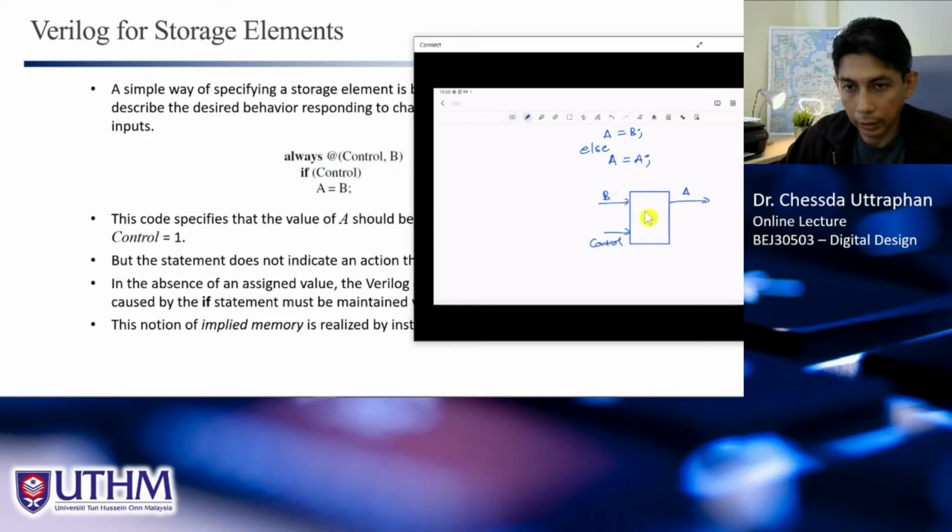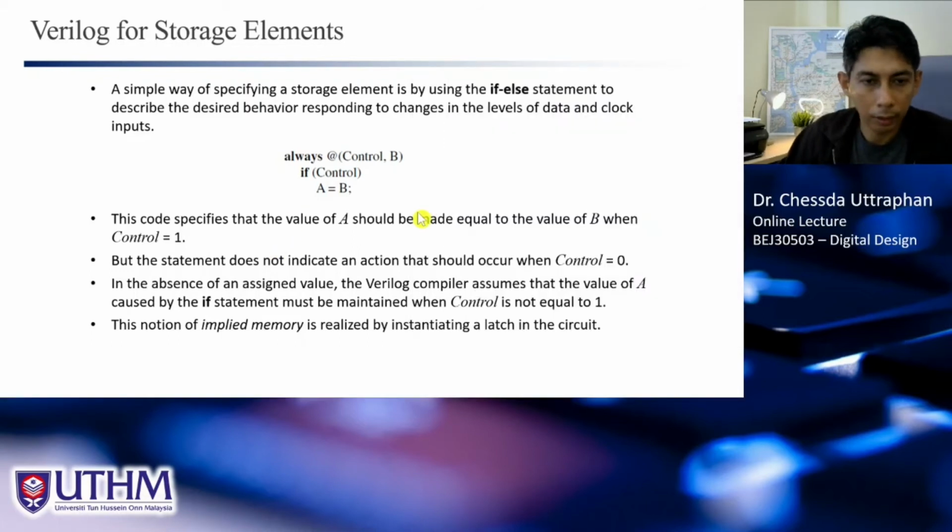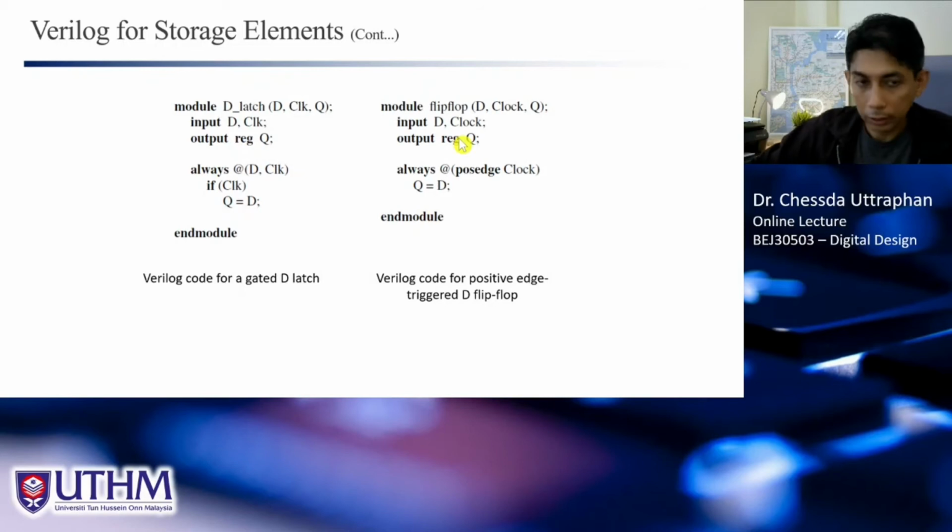You will have the circuit like this, and this is a D latch. When control equals 1, A will equal B, and when control equals 0, A remains A. So this is the behavior of the D latch. That is how we create the D latch in Verilog.